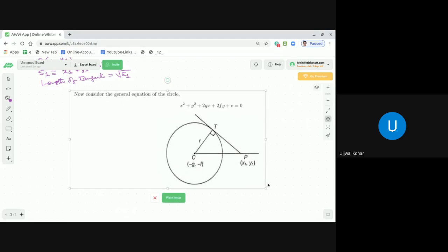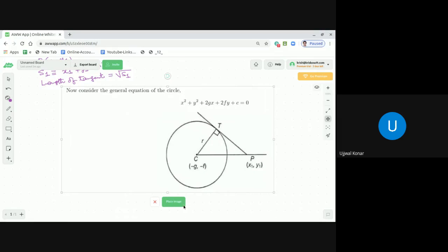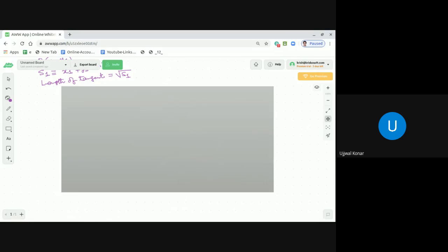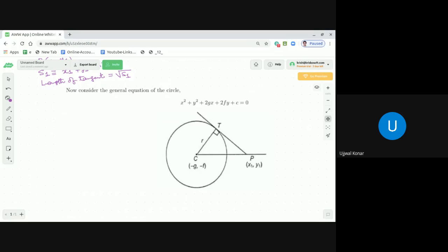So, as you see, this is the general equation of the circle, that is x square plus y square plus 2gx plus 2fy plus c is equal to 0. We know one thing, dear students, that the center is at the point minus g comma minus f. Correct or not? And its radius is r.